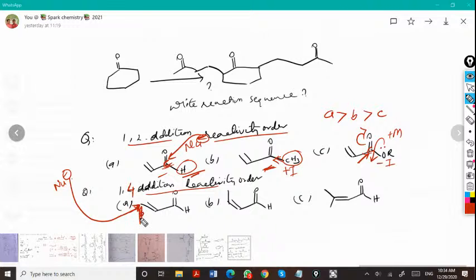Should it be electron deficient or electron excess? Electron deficient must be there. But is it going to attack directly?